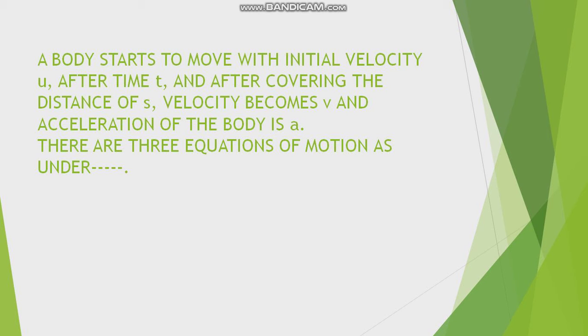So the initial velocity vi is u, the final velocity vf is v, the time is t, the distance covered d is s, and the acceleration is a meter per second squared. From this information there are three relations between these quantities, and these are called the equations of motion.